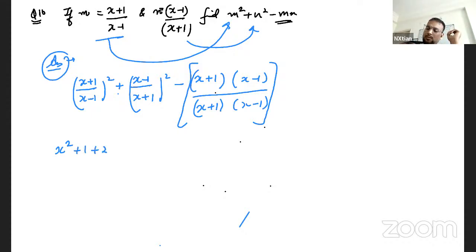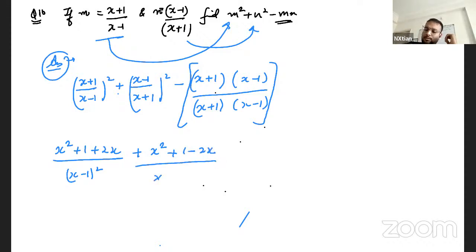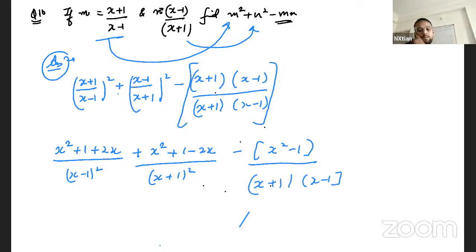Plus 1 plus 2x upon x minus 1 whole square plus x square plus 1 minus 2x upon x plus 1 whole square, and this will become x square minus 1 upon x plus 1 into x minus 1. Now we have to solve it. So instead of opening, we can do one thing.